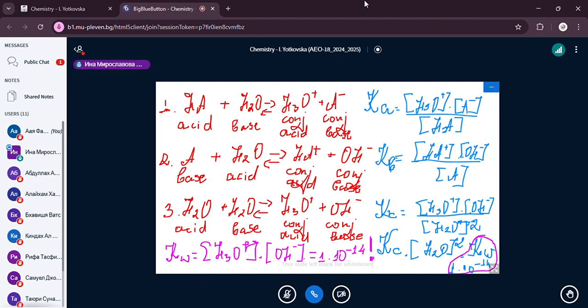It's not possible to produce a hydronium ion if a hydroxyl ion is not produced, because a hydroxyl ion is produced when one water molecule donates one hydrogen cation, and the other molecule accepts that hydrogen cation, producing a hydronium ion. So the creation of these two ions is connected.